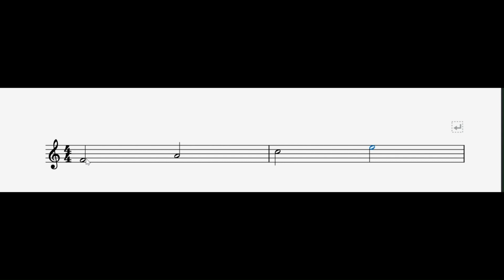There's no overlapping. It fits completely in the space. Here as well. When a musician sees this, they know the pitch is definitely in this space. In this case, it's the third space. And in this case, it's the fourth space. That's how you draw notes in a space.